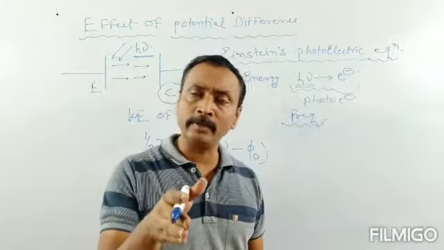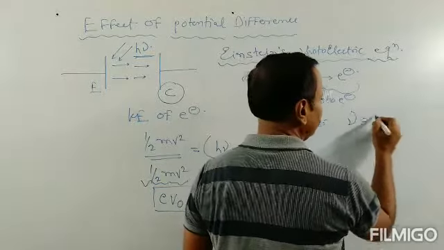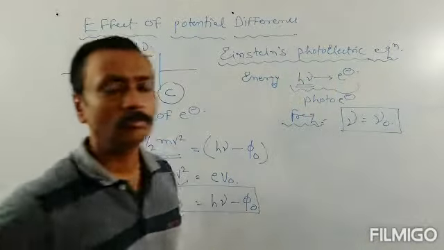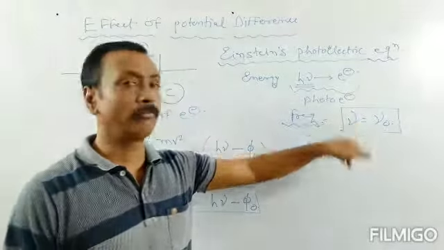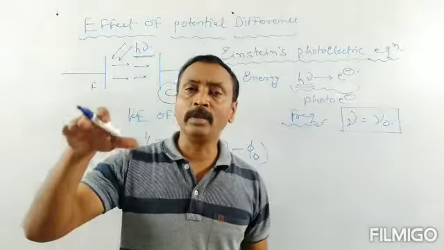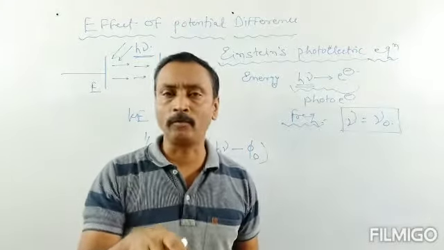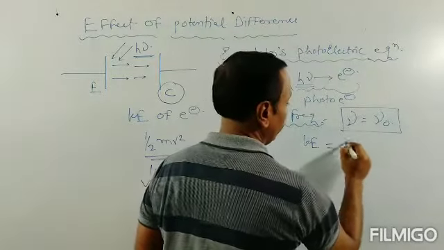If I decrease the frequency step by step until it equals the threshold frequency, the radiation frequency decreases step by step, and the kinetic energy will be 0.